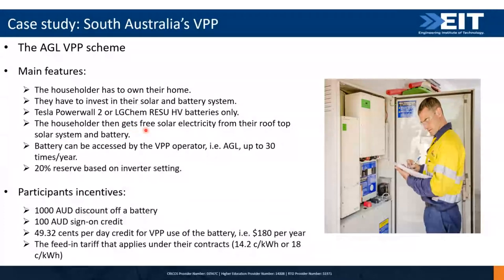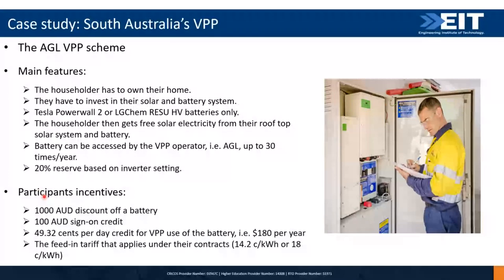Whatever they get from their solar system is free because they already paid for it. But the contract with AGL says that the VPP operator, AGL, can use the battery and discharge it up to 30 times per year. It is guaranteed that there is always a 20% reserve in the battery, even when it is discharged.